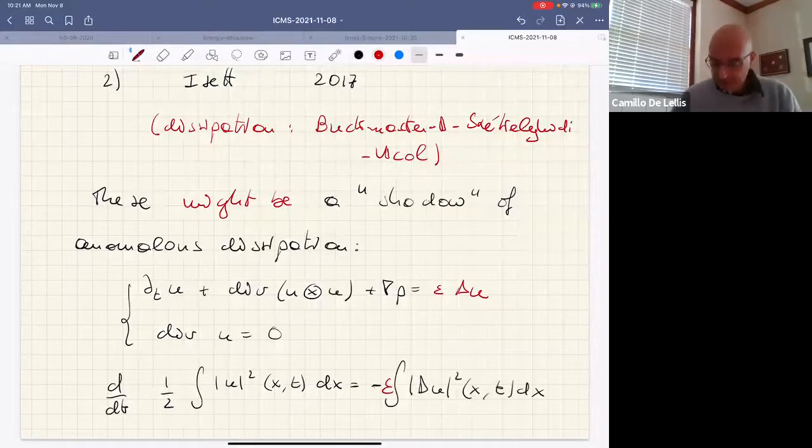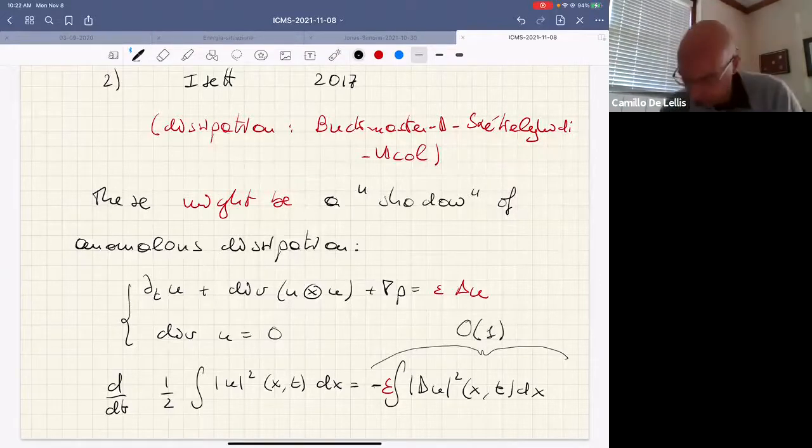And when you actually let epsilon go to zero, typically in a turbulent regime, what should actually happen is that this quantity over here, the dissipation rate, is in fact sort of independent of epsilon under certain suitable assumptions.